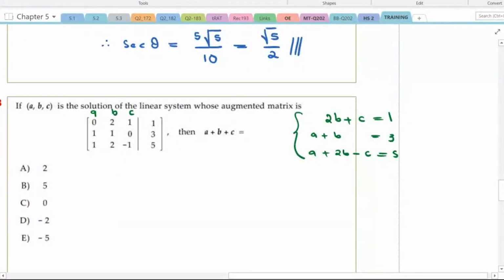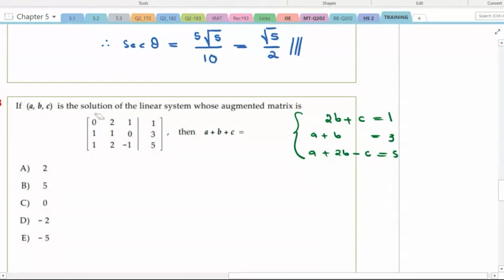So this is the linear system of equations, and you are interested in finding A, B, C. To answer this question, gentlemen, we can use the Gauss-Jordan method of elimination, or we can use the Gaussian elimination method. The choice is actually yours.